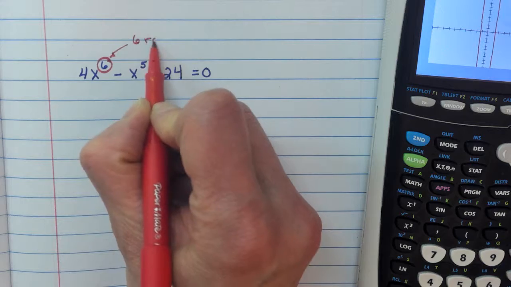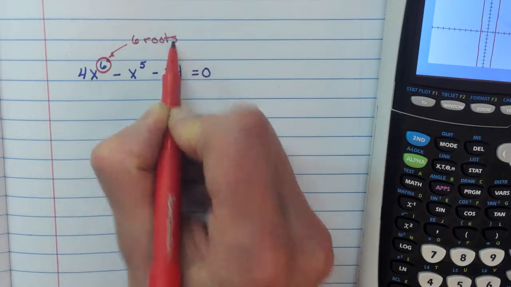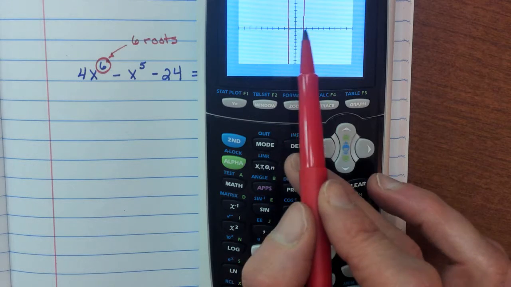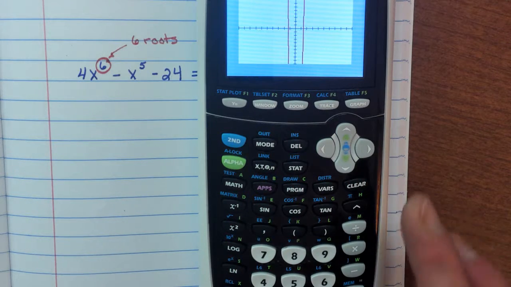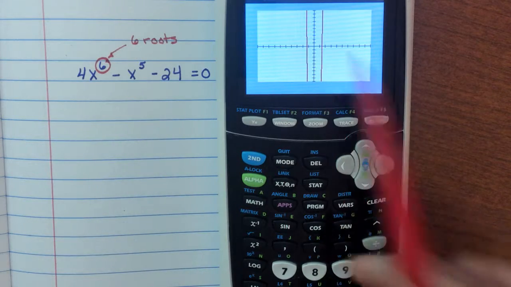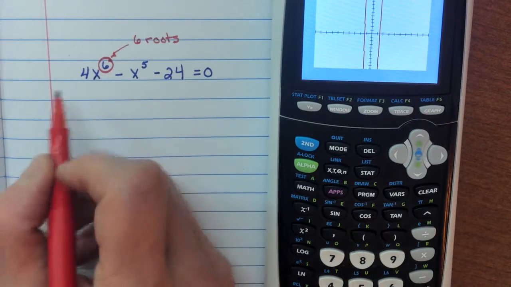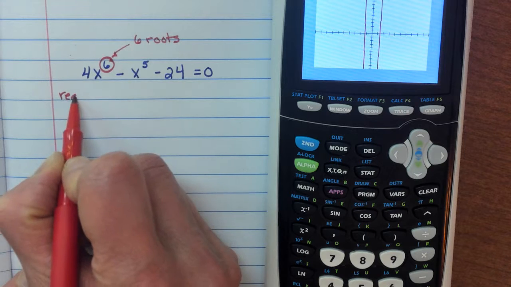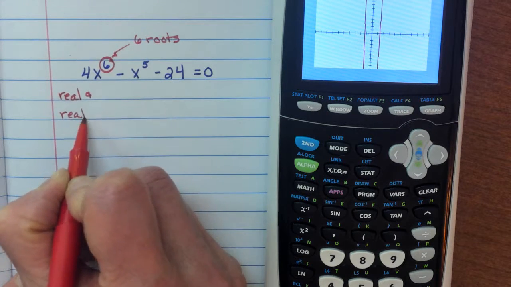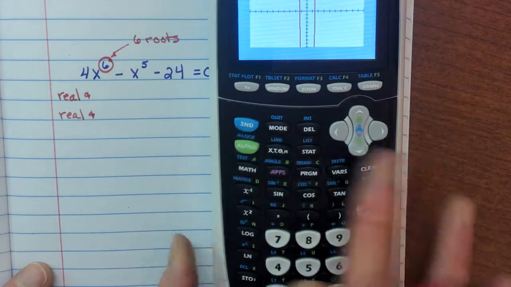So I'm looking for 6 roots, but I'm only seeing 2, one there and one there. So let's go ahead and find out what those zeros are. So I know I have 2 real zeros. So I'm just going to write real. I don't know if it's rational or irrational.